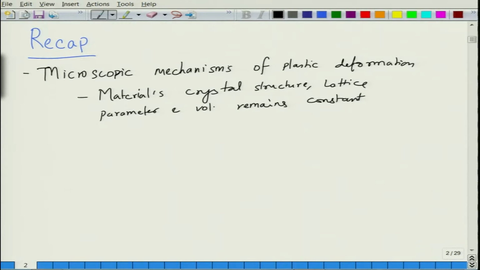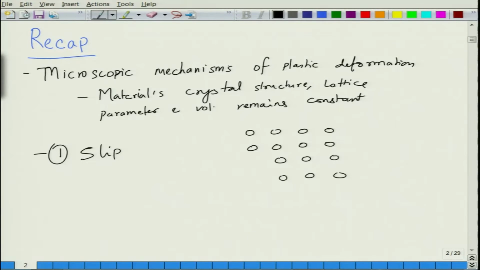Now, if that is true, then what leads to plastic deformation? It turns out that it is a microscopic phenomenon called slip, in which the plane of atoms in one part of the crystal slips against the other part of the crystal, across a plane called the slip plane, leading to movement of atoms against each other.